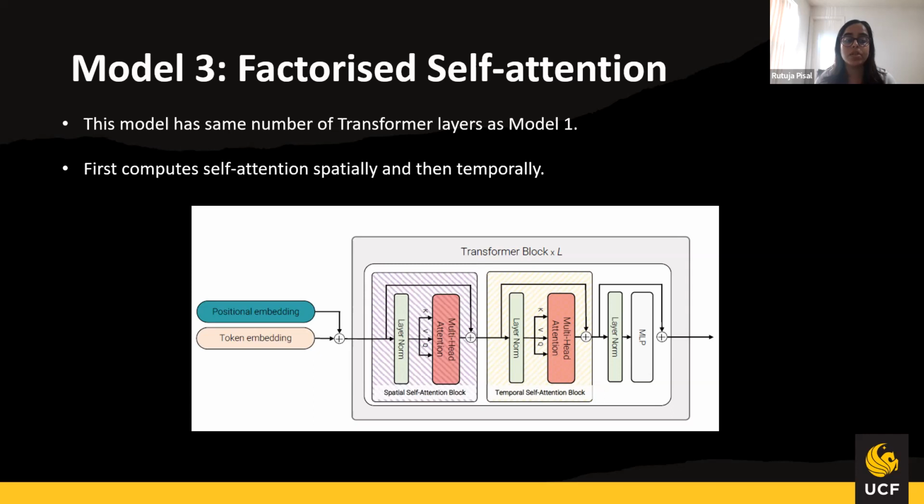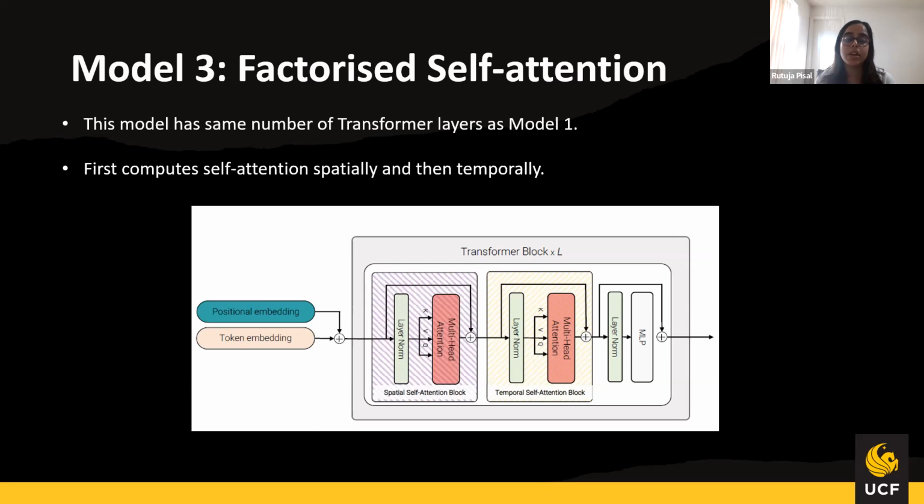So how does this work? First, every block calculates the spatial self-attention among all the tokens extracted from the same temporal index, and then the temporal self-attention among all the tokens extracted from the same spatial index.